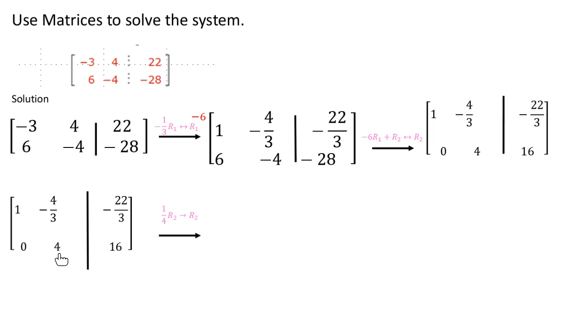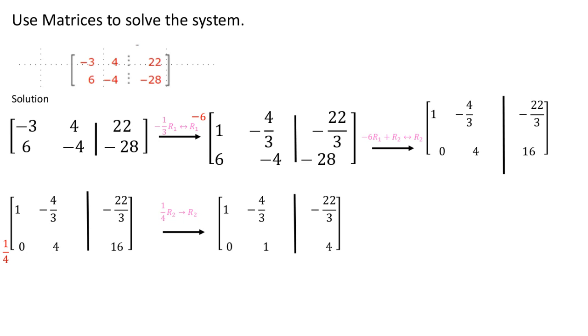So I'm going to multiply this second row by 1/4, and whatever answer I get, I'm going to place it back in row 2. Row 1, I'm not going to do anything with it, so I'm just going to write it out. And then for row 2, we have 1/4 times 0 is 0. 1/4 times 4 is 1. And 1/4 times 16 is 4.